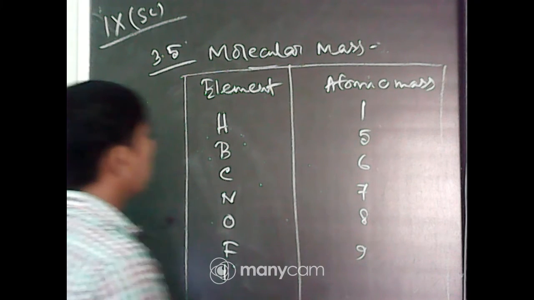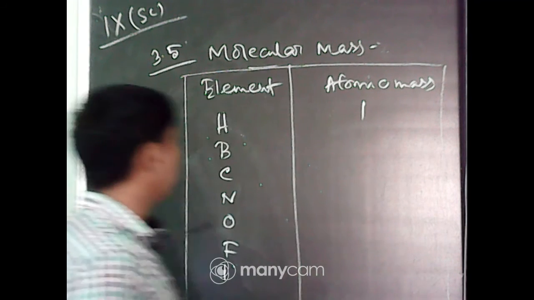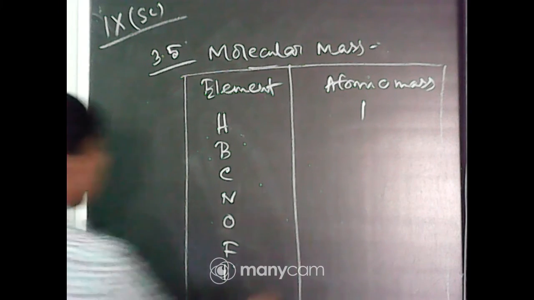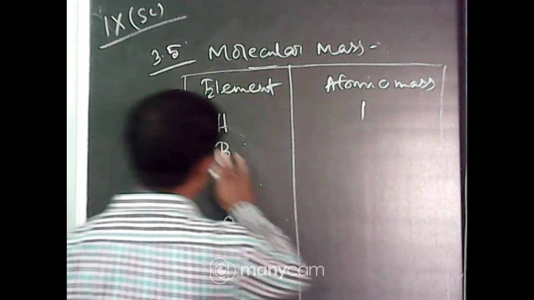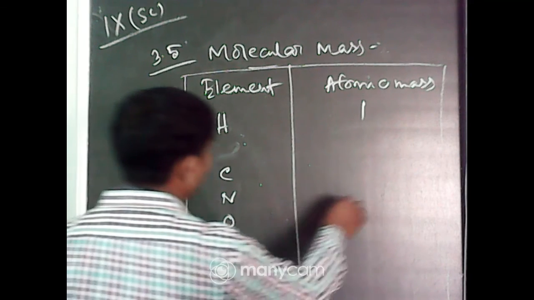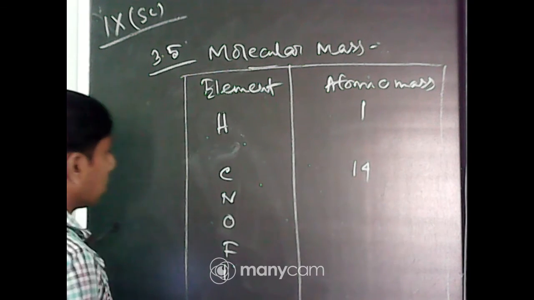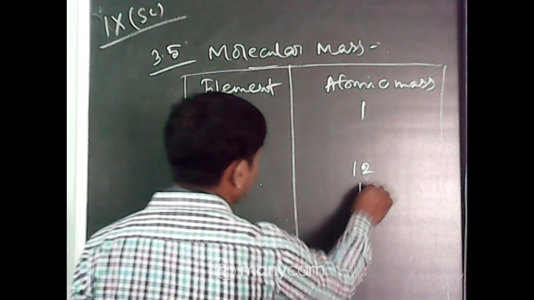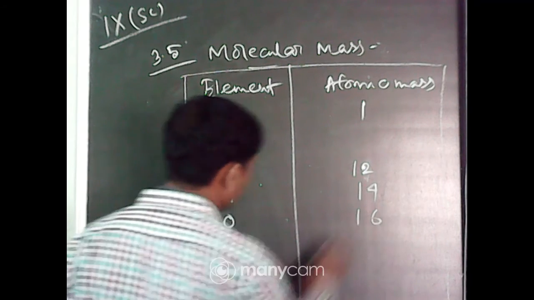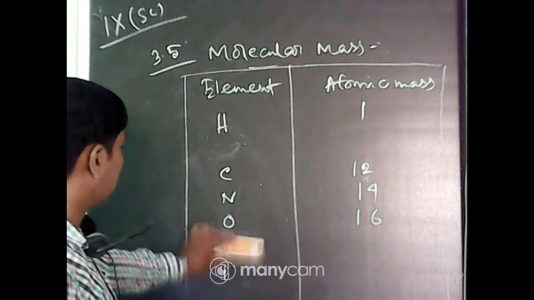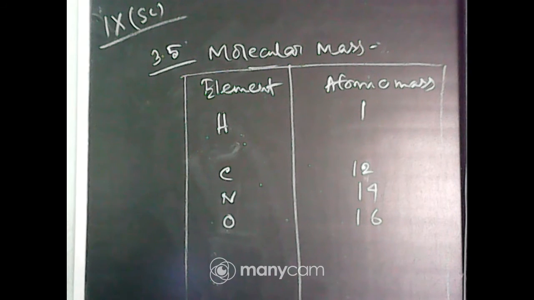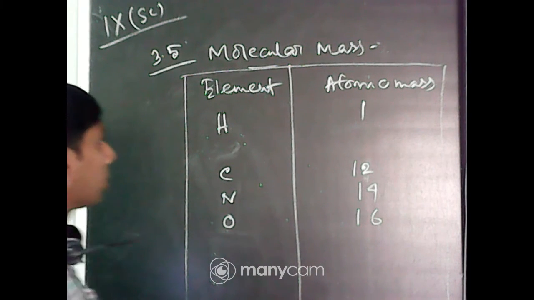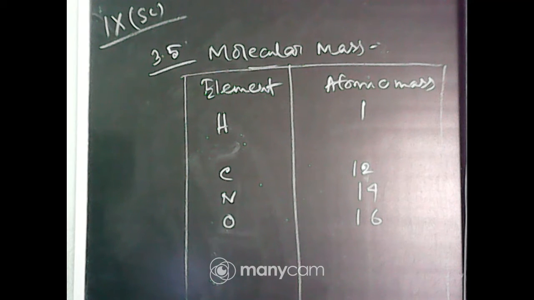No, sorry. This is not the atomic mass, it is the atomic number. The atomic mass for boron is 11, but it is not required here, delete it. For carbon it is 12, for nitrogen it is 14, for oxygen it is 16. Delete the previous ones, those were the atomic numbers, this is the atomic mass. So, hydrogen 1, carbon 12, nitrogen 14, oxygen 16.